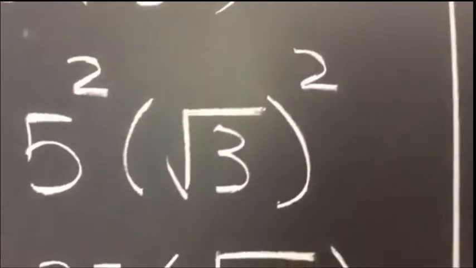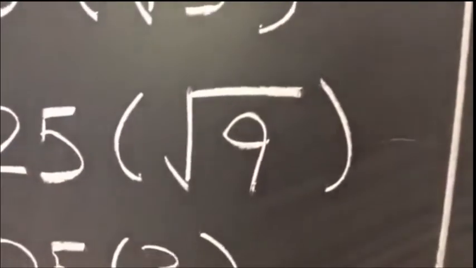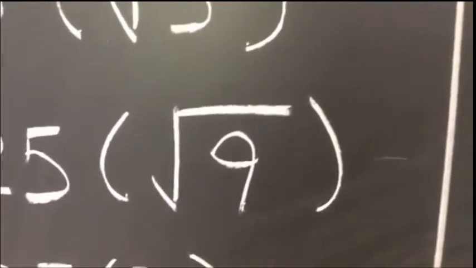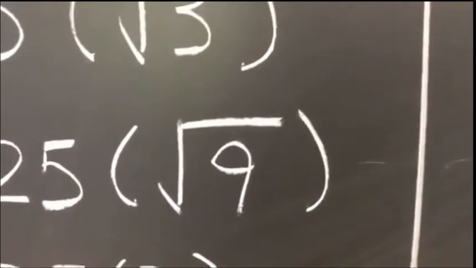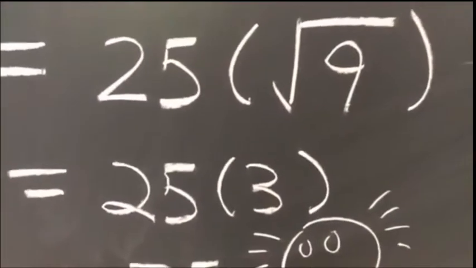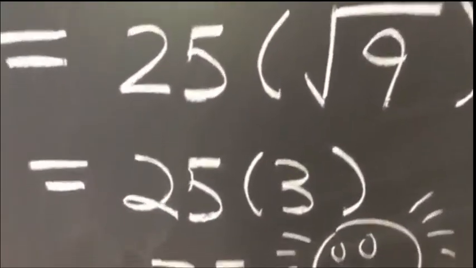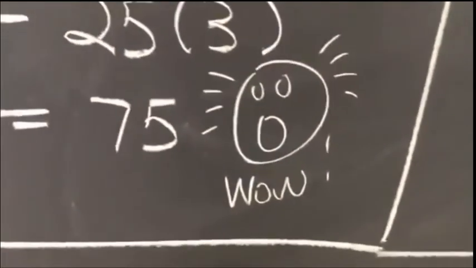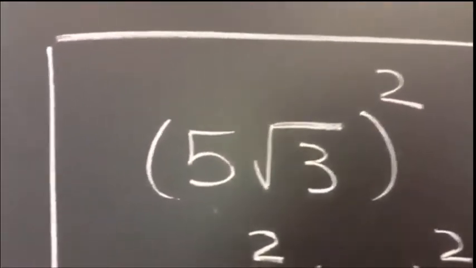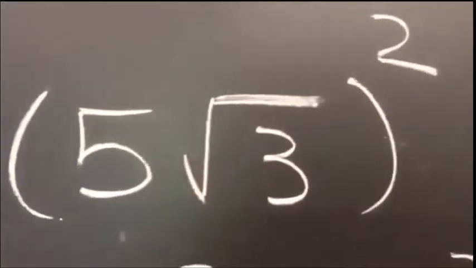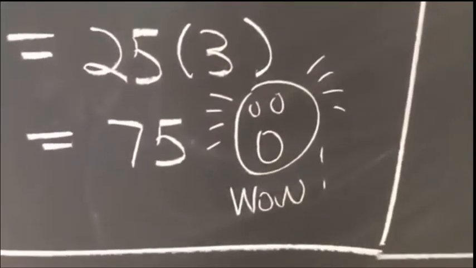And the square root of 3 squared is the square root of 9. But what number times itself is 9? 3. The square root of 9 is 3, and so 25 times 3 is 75. And so it turns out that if I take 5 and square it, and just drop the root, I end up with 75.